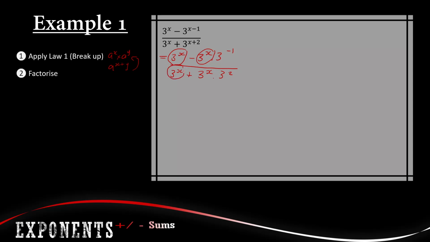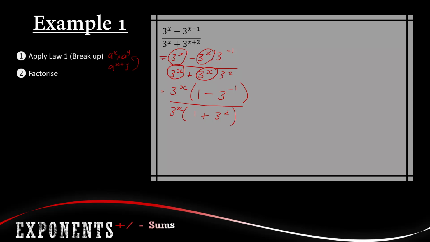If we take that out, we have 3^x, then when we open our bracket, remember, when we take out the entire term, we have to put a placeholder of 1, and then minus 3^(-1). That was factorizing the numerator, and going down, we also factorize out 3^x, and we're left with 1 plus 3^2.